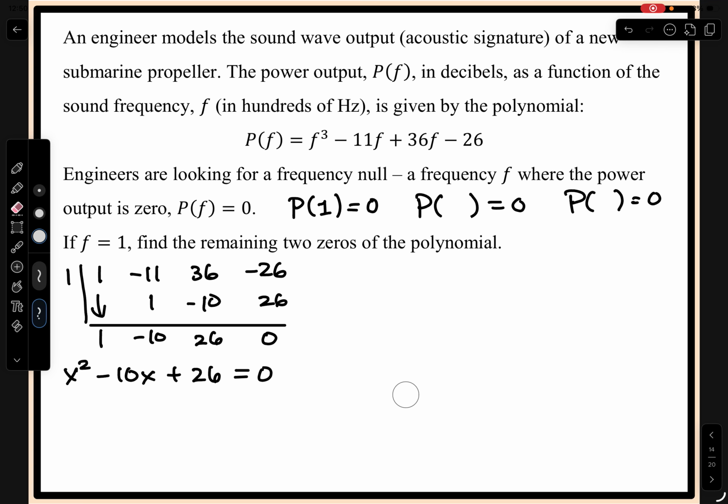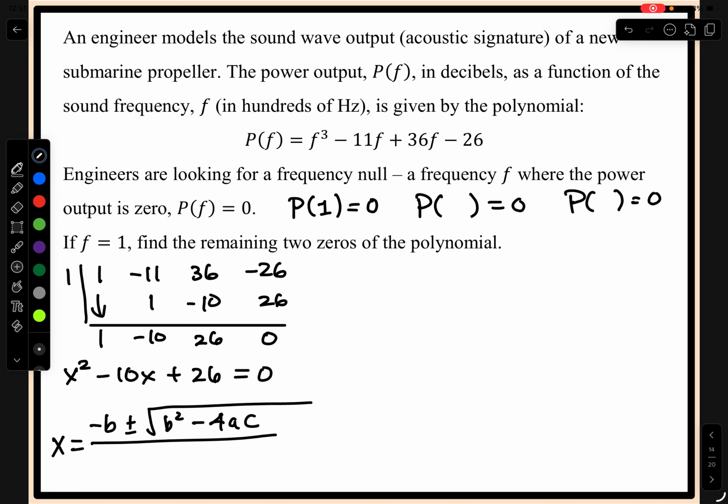So our only option, again, is the quadratic formula. This is the only option that we have to solve this equation. So we have the values of A, B, and C. That's 1, negative 10, and 26. And like I mentioned, we use our quadratic formula.